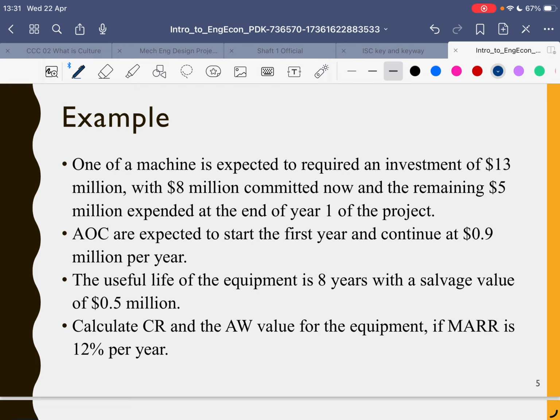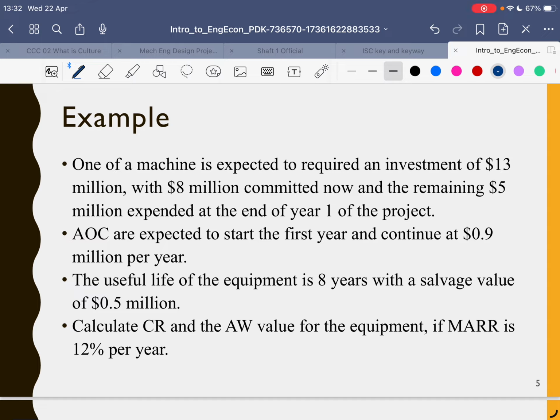Annual operating costs, AOC, are expected to start at the first year and continue at 0.9 million per year. The useful life of the equipment is 8 years with a salvage value of 0.5 million. Calculate CR and the AW value for the equipment. MARR is 12% per year.